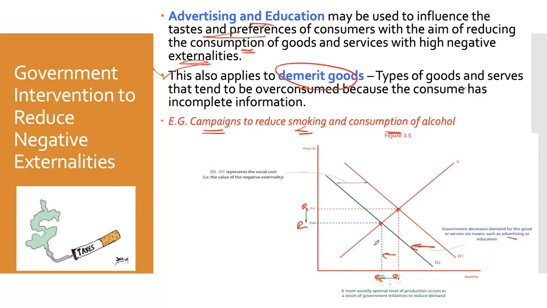We have reduced the demand, in this case by advertising and education, and this has reduced the quantity demanded, the quantity traded, leading to, in this case, the good outcome of less of this good being traded, and this has addressed the overproduction because negative externalities were not taken into account.